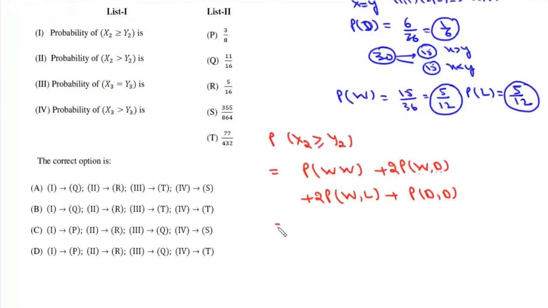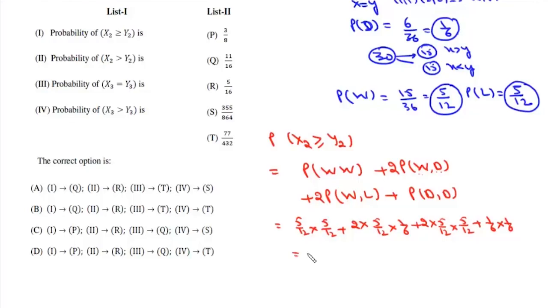rounds. Now probability of winning is 5 by 12, so it will be 5 by 12 into 5 by 12, plus 2 into winning 5 by 12, drawing 1 by 6, plus 2 into probability of winning 5 by 12, losing 5 by 12, and plus probability of drawing, which is 1 by 6 and 1 by 6.